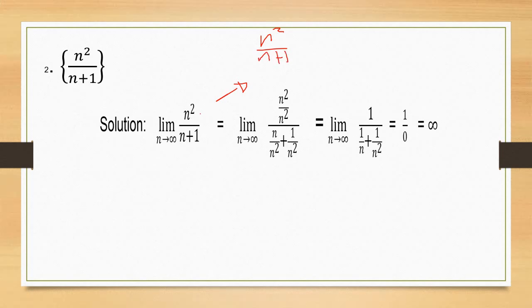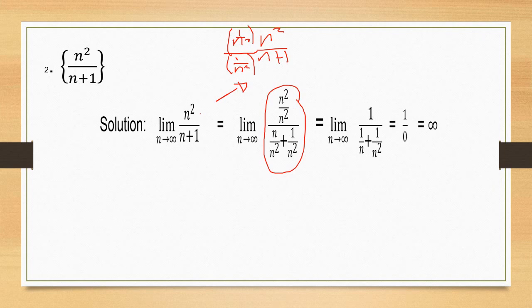We multiply 1 over n squared in the numerator as well as in the denominator. That is why we have this as the answer. So we have n squared over n squared, then here in the denominator we have n over n squared plus 1 over n squared.